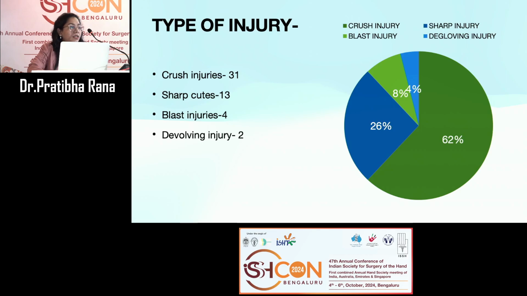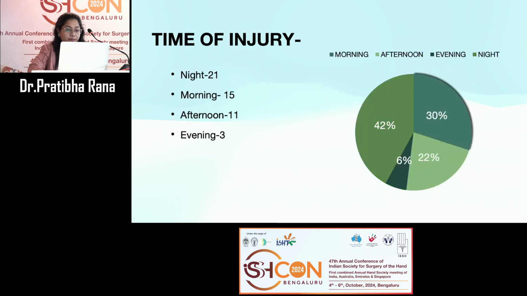The most common injuries are crush injuries, 62%, and the second is sharp injuries, that is 26%, then blast injuries 8%, and degloving injuries 4%. The most common injuries occur at night time, that is 42%, and the second most common in the morning time, that is 30%.